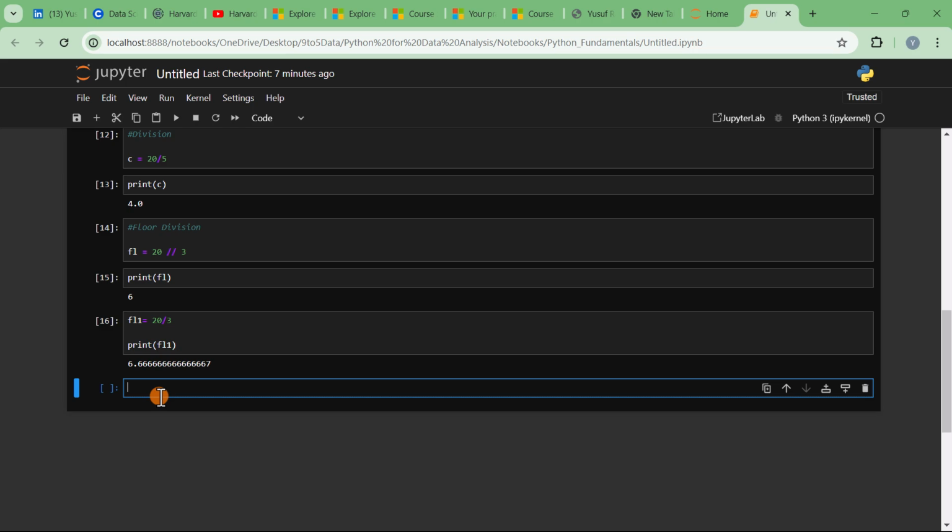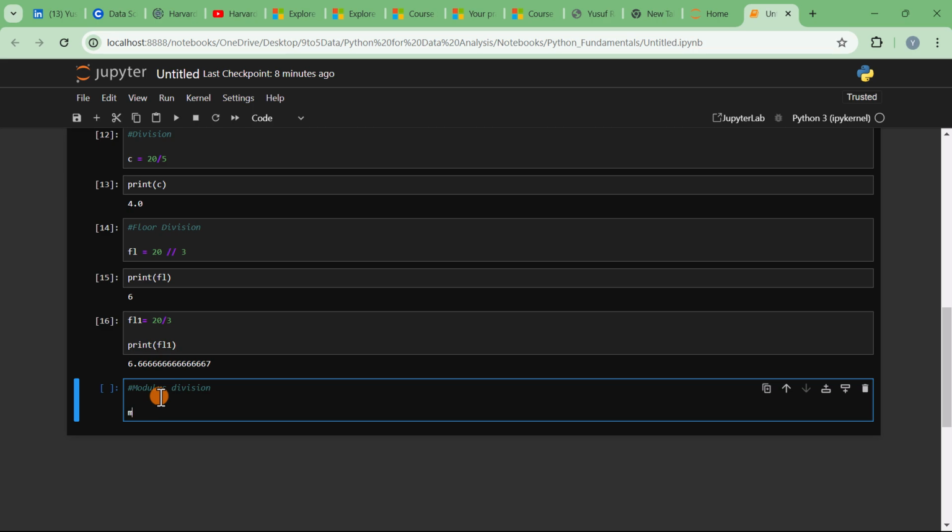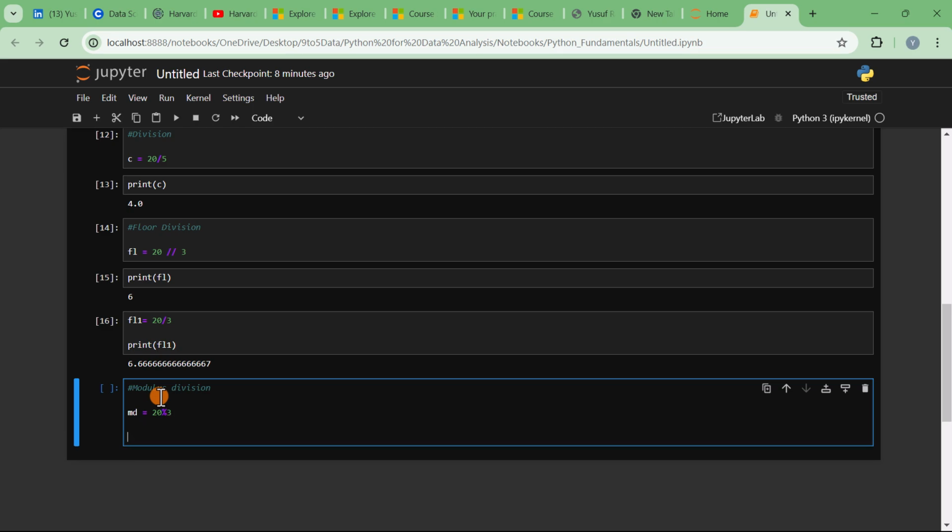If we want the remainder after the whole number, we can do that with modular division, which is also known as modulus. So let's do modulus division. MD equals 20, and the sign for modulus division is the percentage sign, 20 percent 3. Let's print MD.